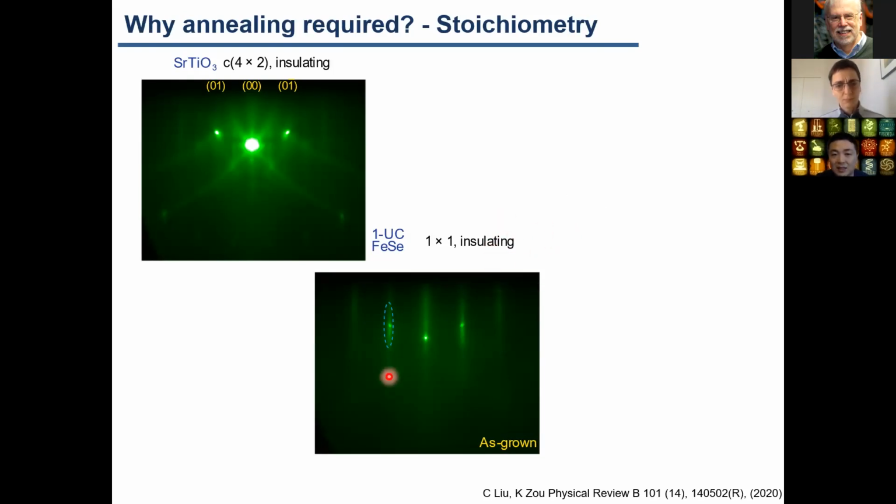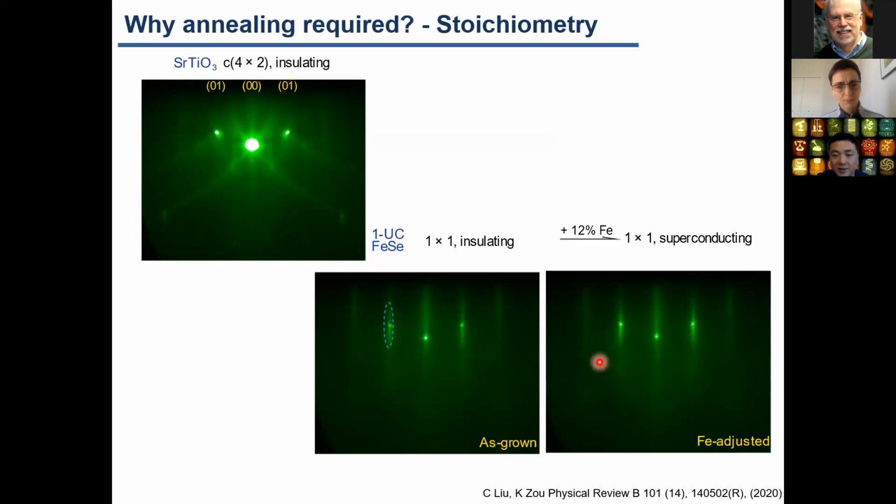Instead of annealing, we grow the one-layer iron selenide first, and then we directly add more iron into the film, to see if we can immediately make the film superconducting. And it turns out to be the case.